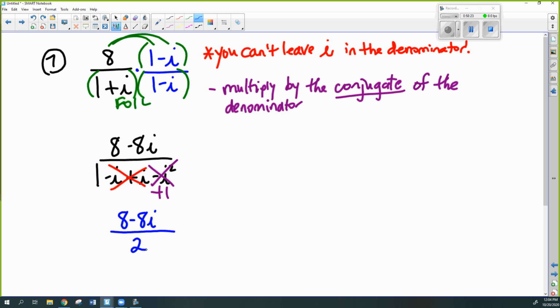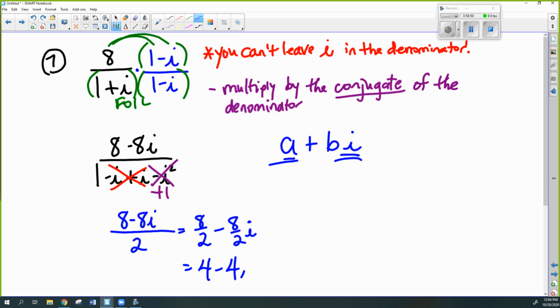Now, the problem with leaving it like that is standard form says you absolutely must separate the real number from the imaginary number. So how do you do that with fractions? Well, you just put the bottom under both pieces, and then you put the i after it. And then if you can simplify anything, you need to simplify.